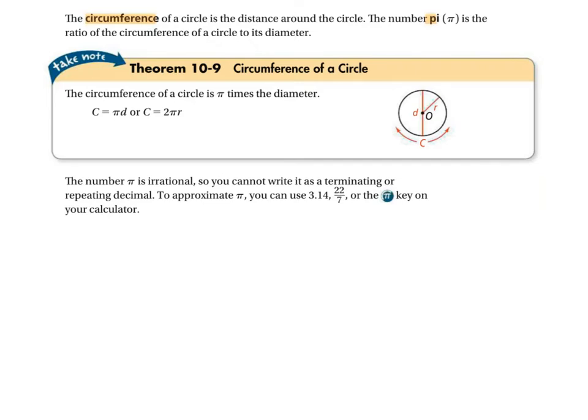Okay, this is something that you hopefully already know: the circumference of a circle is the distance around the circle. And the ratio of the circumference of a circle to its diameter is pi.